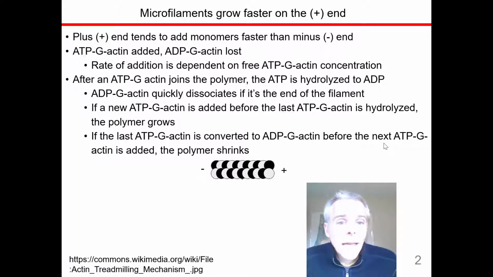But if the last ATP G-actin is converted to an ADP G-actin before the next ATP G-actin is added, the polymer is going to shrink. So we have this race with the microfilament where we're trying to add new monomers before the previous monomers are converted to ADP G-actins. If we can add new monomers before that hydrolyzation occurs, the filament will grow. If we can't, the filament will shrink.